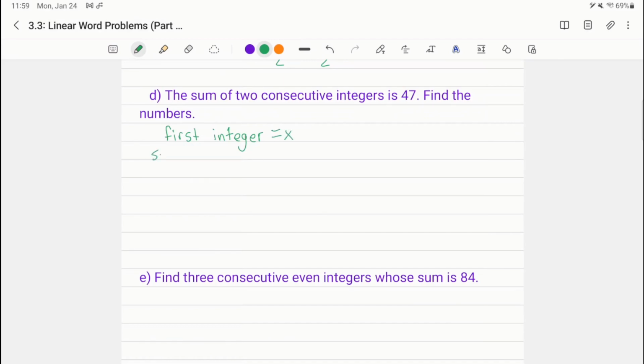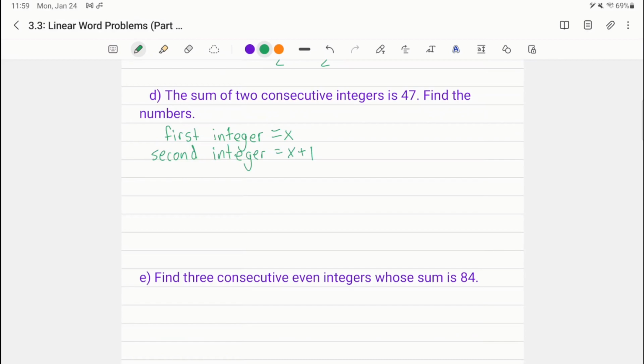Then our second integer, well, what comes after x? That takes a little bit of thinking. Well, I know 3 comes after 2, as an example. 17 comes after 16, as another example. 74 comes after 73. Oh, those are all one more than the last one. So the second integer will be x plus 1.